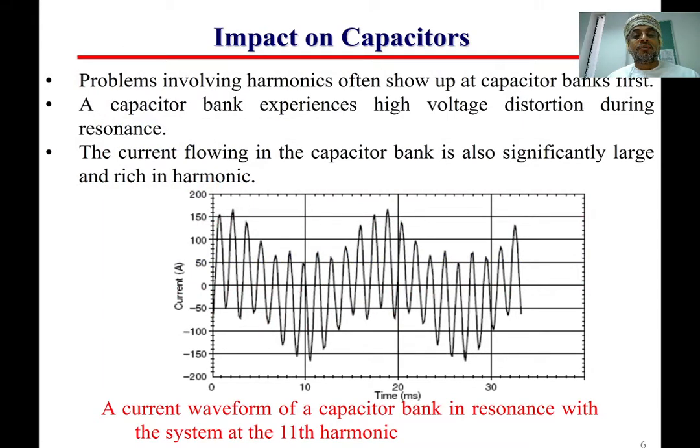The problem involving harmonics often shows up at the capacitor bank first. The capacitor bank experiences high voltage distortion during resonance. So those harmonics can cause a resonance, and as a result, that resonance will create high voltage and high current.